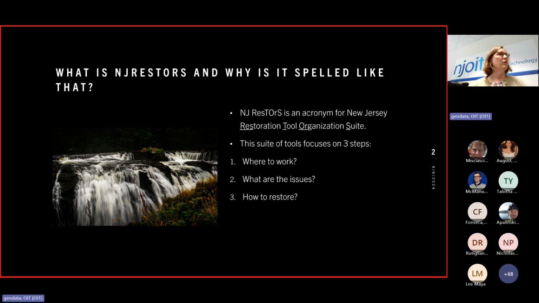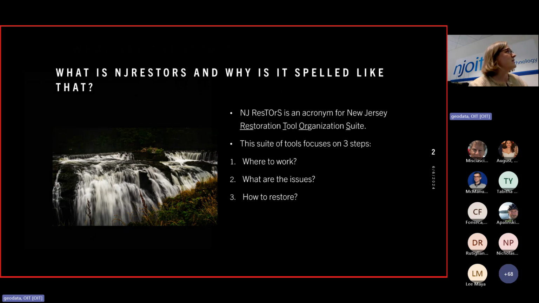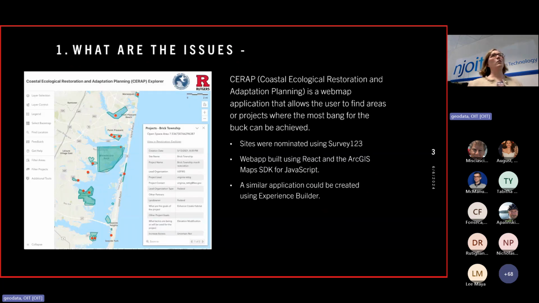And it's a suite of tools that focuses on three steps for wetland restoration: finding where to work, what the issues are, and how to do restoration work. Basically, what I was able to do was take the work that GIS professionals did and make web application tools that work together to help people find wetland restoration work.